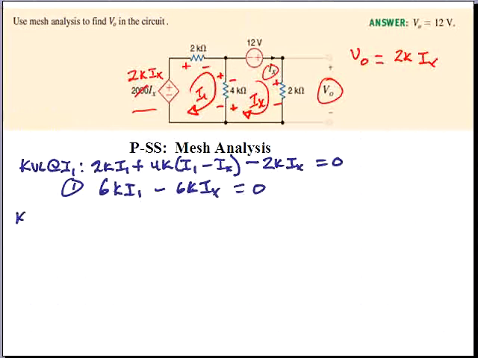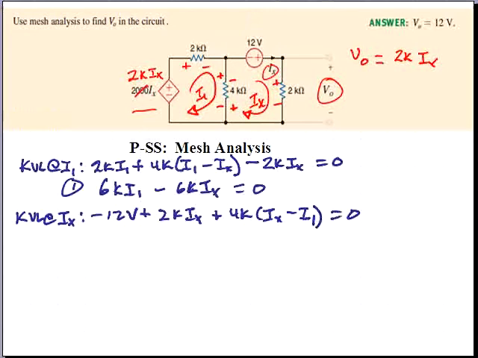Now we'll do a KVL around the mesh IX. We have a minus 12 volts for that independent source, plus 2K IX, plus 4K times (IX minus I1), is equal to 0.